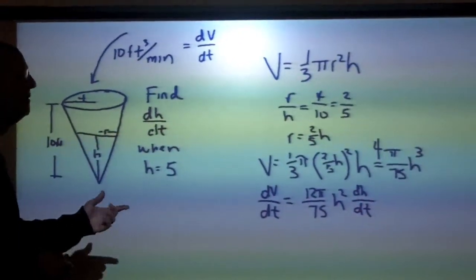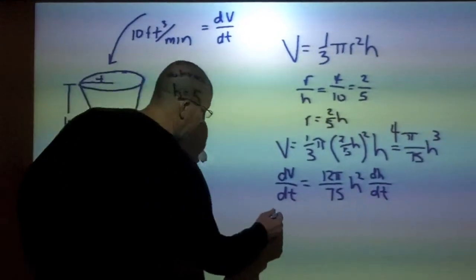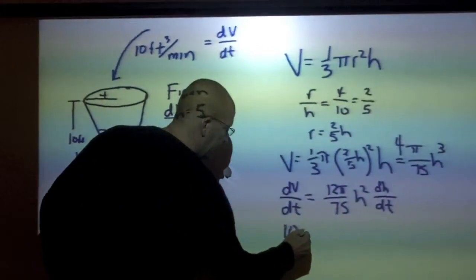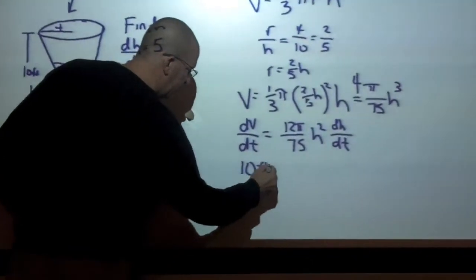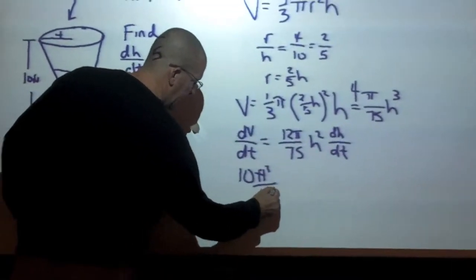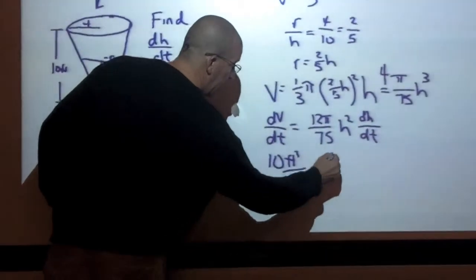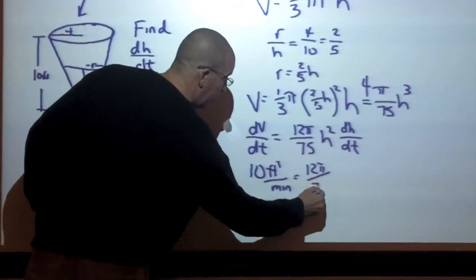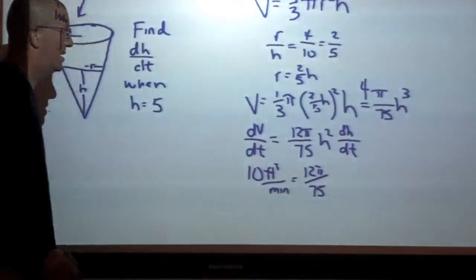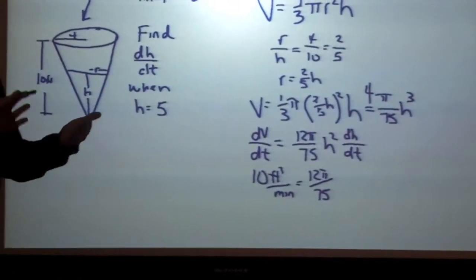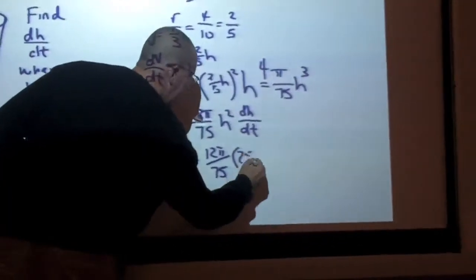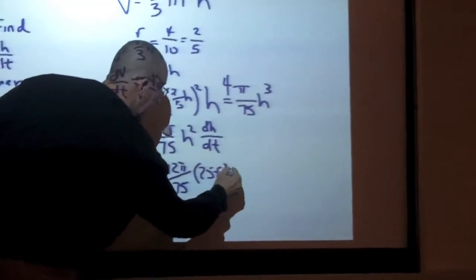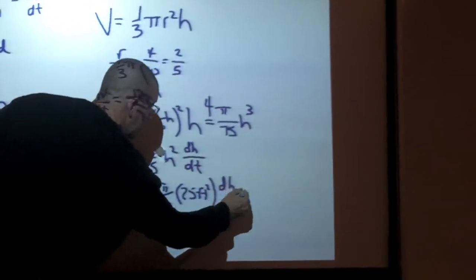dV/dt, given 10. Now I could be a good physics student and include my units and see that the units come out exactly the way I want. 12 pi over 75. h, of course, when h equals 5, 25 feet squared, dh/dt.